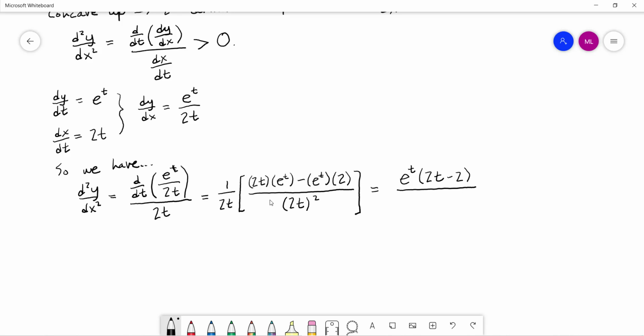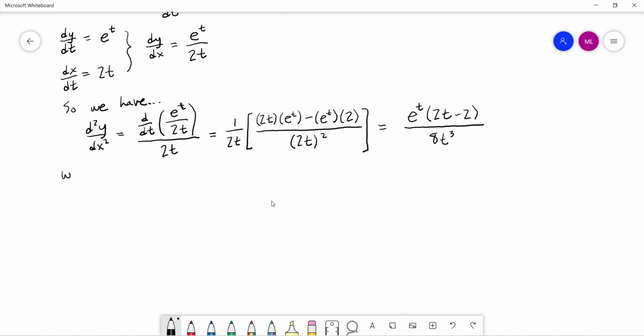And combining these is going to give me 2t quantity cubed, which I could write as 8t cubed. So that's what that second derivative looks like. The question is now, when is this greater than 0? When is it positive?